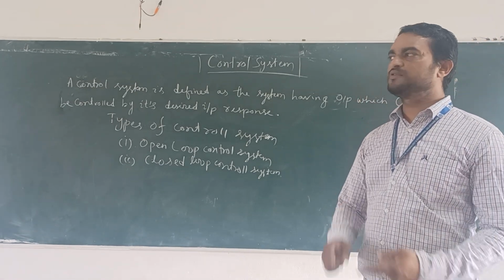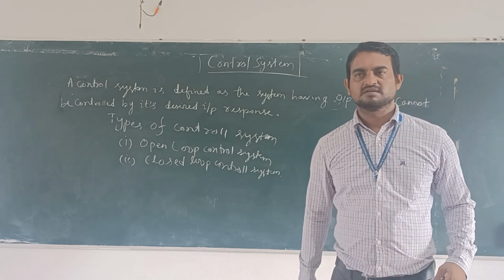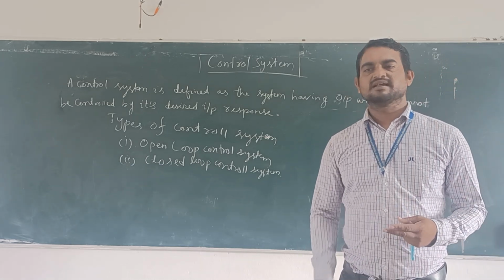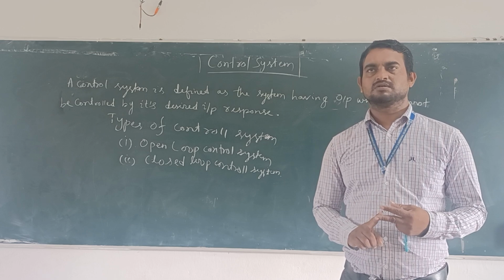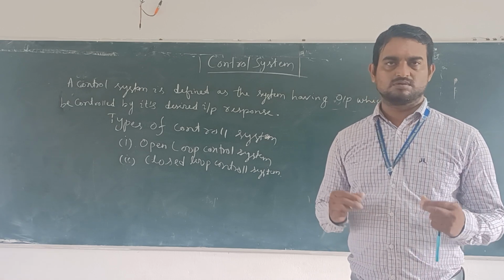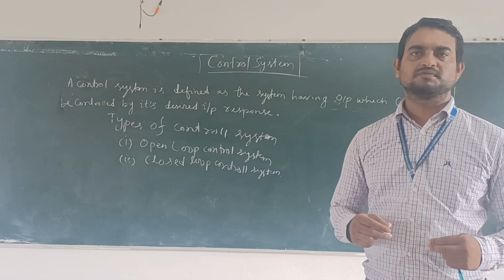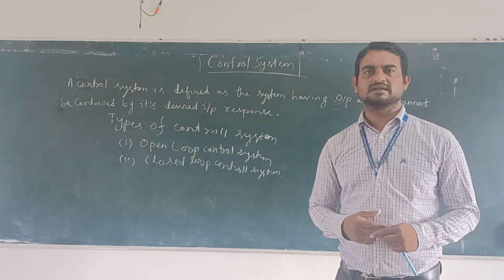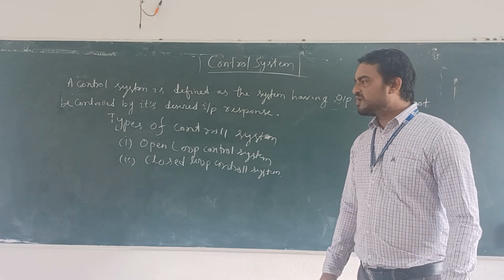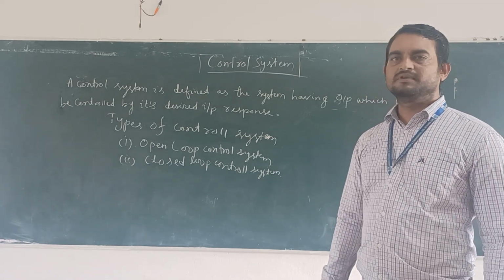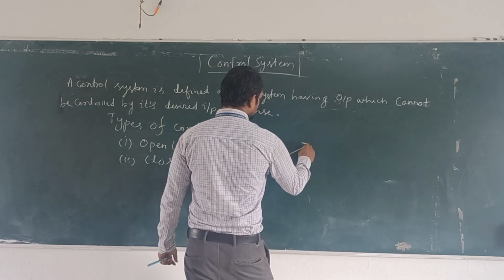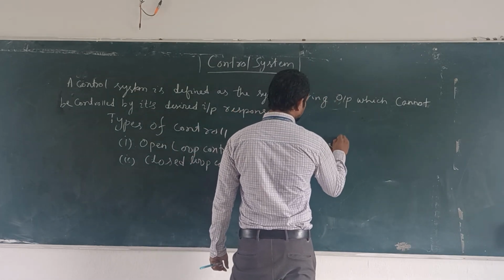The best examples of closed loop control system are driving a car and temperature control, meaning the temperature of a room can be controlled. That is our closed loop system. Now I will define briefly the examples of open loop control system. One is the traffic light system.